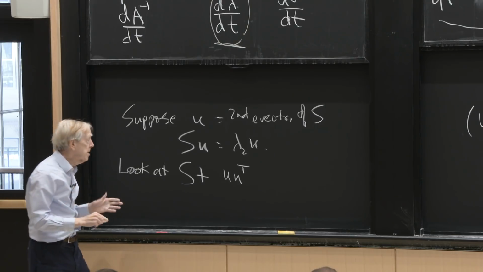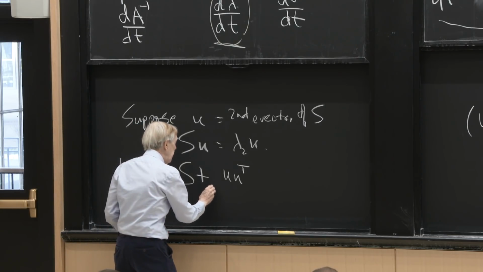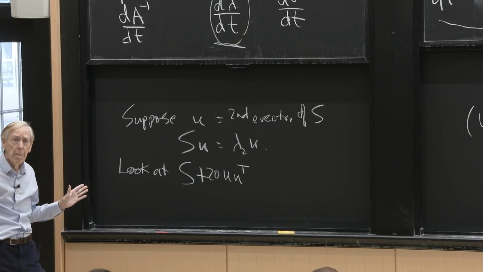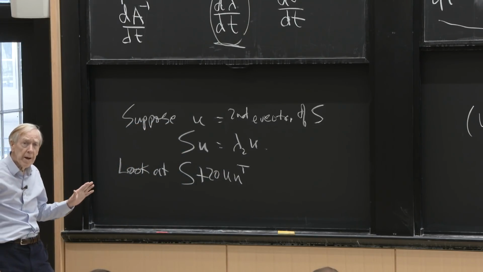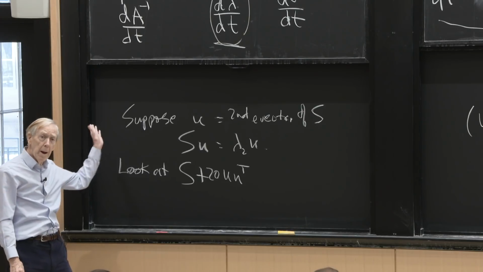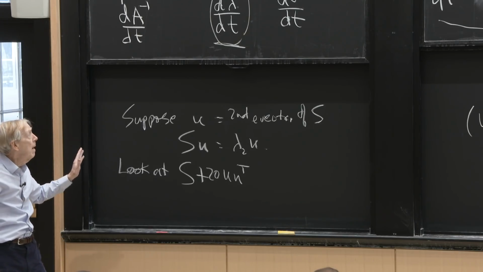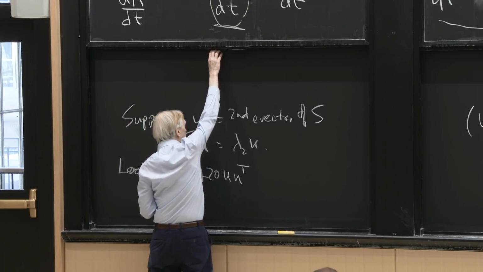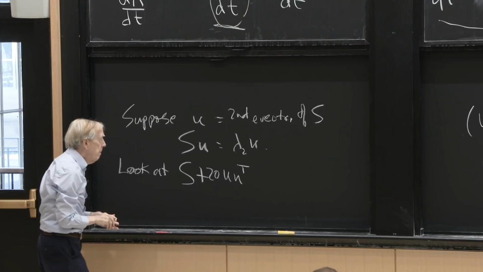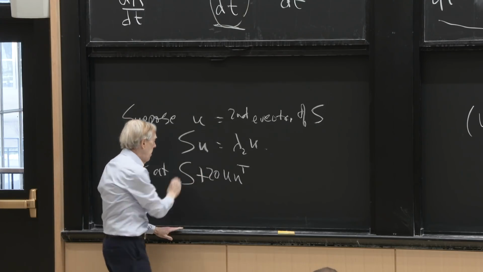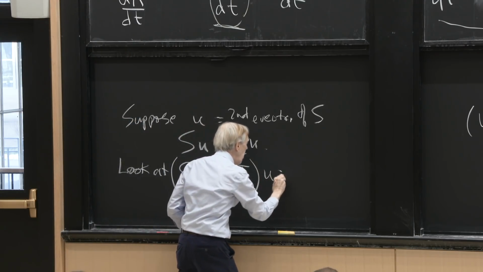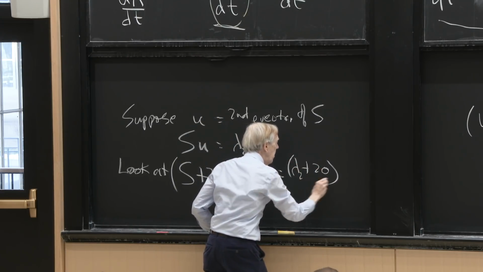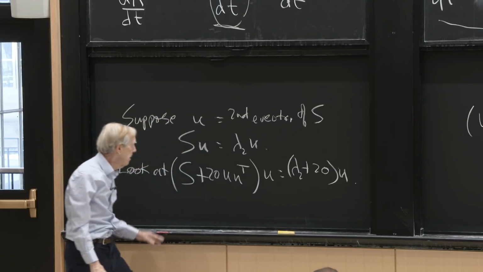But what worries me is, if I multiply this by 20, some big number, I'm going to move that eigenvalue way up, way past. I got worried about this inequality, right? When I add this, that same u is lambda 2 plus 20 u, right?